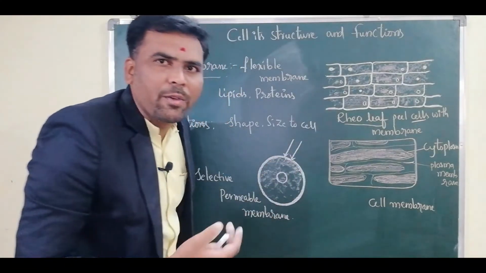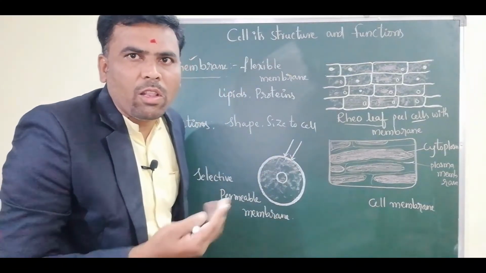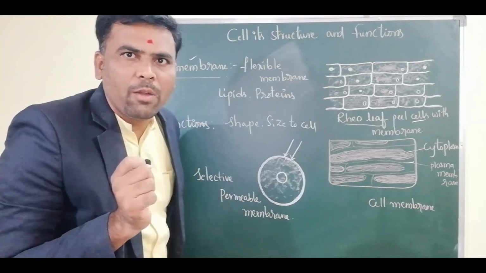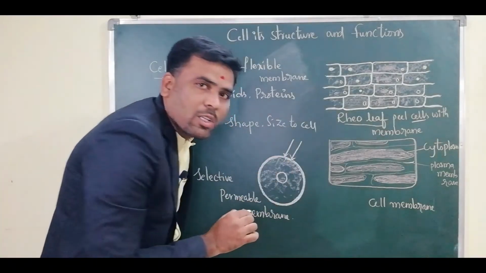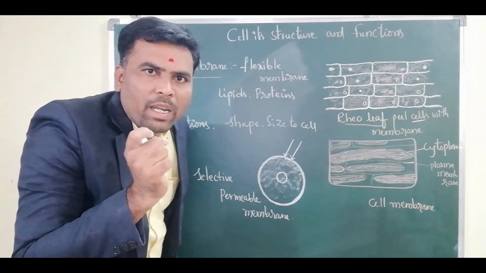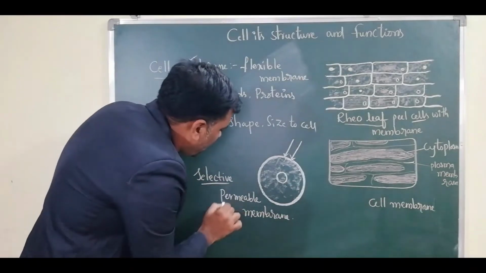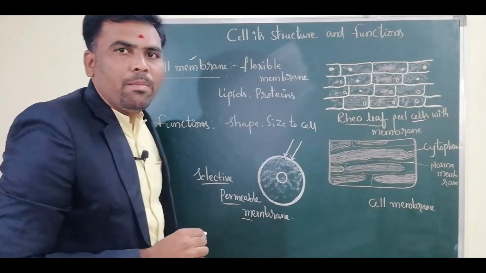It works like a security guard. Does the security guard allow all the persons into the house? No. He allows only the well-known persons. In the same way, the cell membrane allows only useful materials. That is the reason it is called selective permeable membrane.